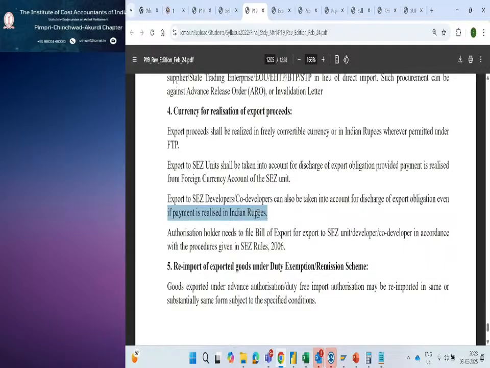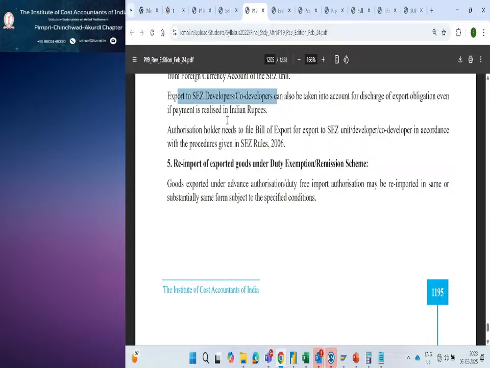So even in Indian rupees, if there is an export to the SEZ developers or the co-developers, it is considered, and the authorization holder needs to file a bill of export for export to an SEZ unit. So we think that an SEZ unit means within our boundary only, within India only.